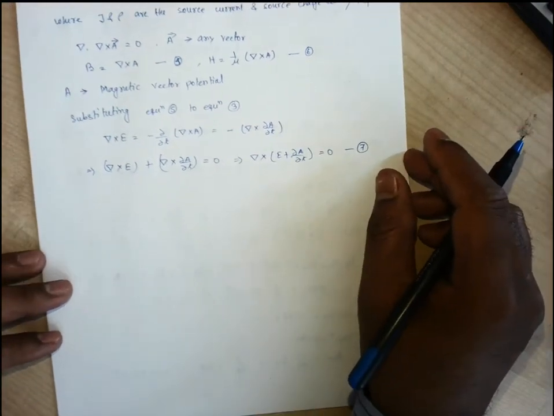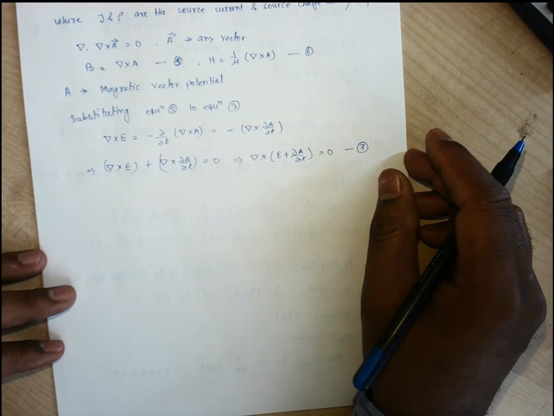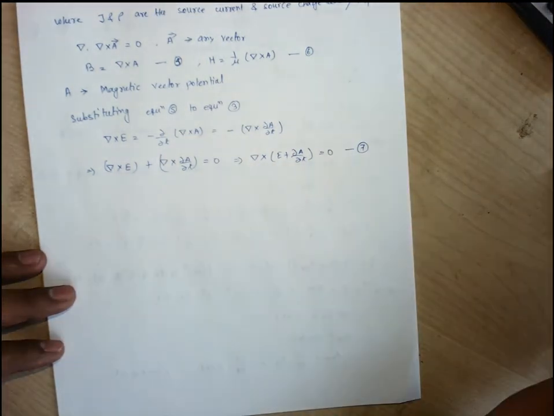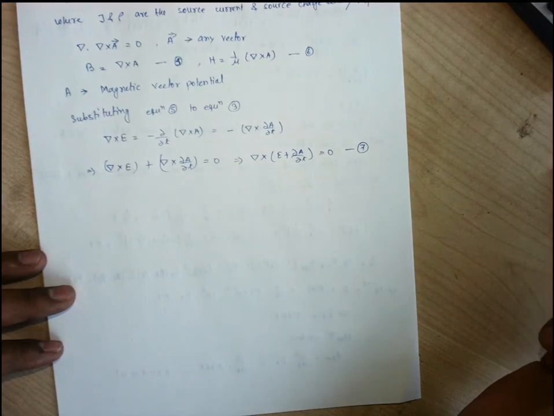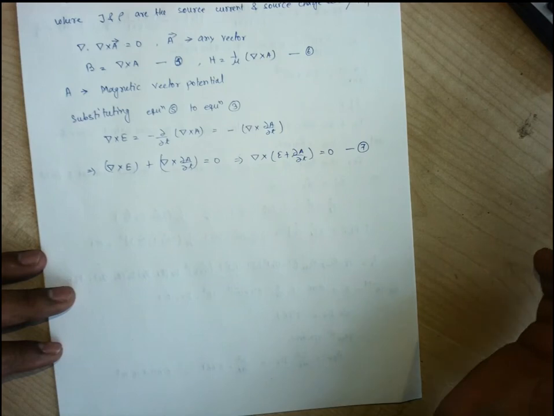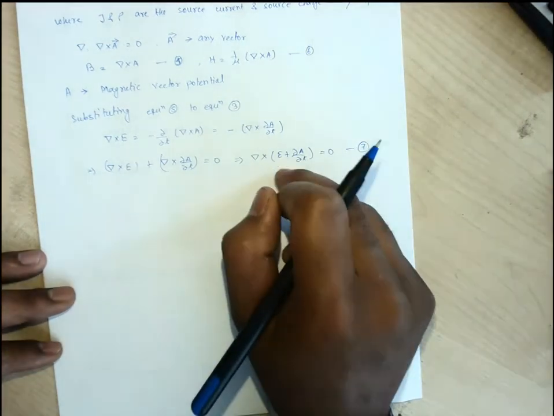Now this curl of something is 0. So again let us apply this vector identity: when the curl of some vector is 0, that vector is the gradient of some scalar.